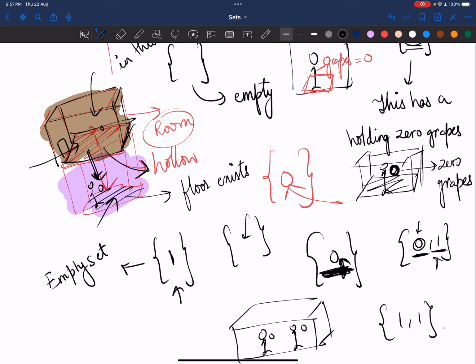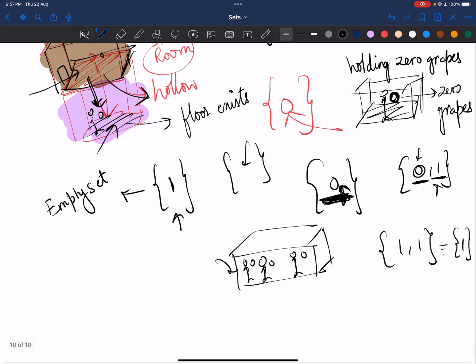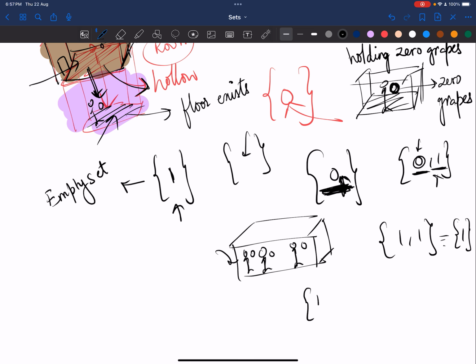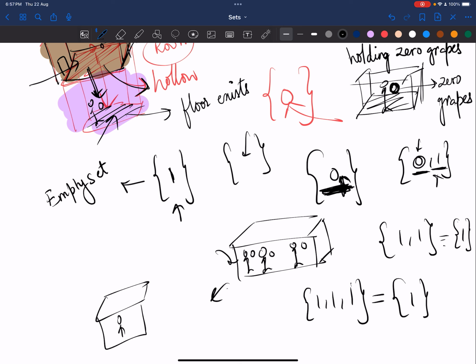That makes 1, 1 also equal to the set 1, because we don't allow clones to exist. If you put 1 more person in this room, it's going to be the same thing. You cut them off, and you're like, nah, you don't allow that, so it's just 1 person.